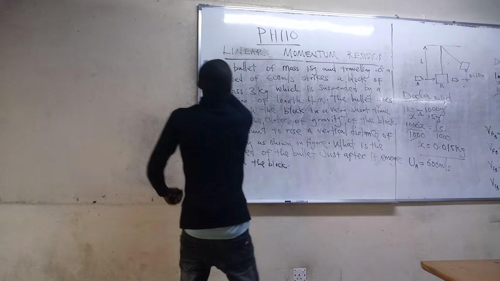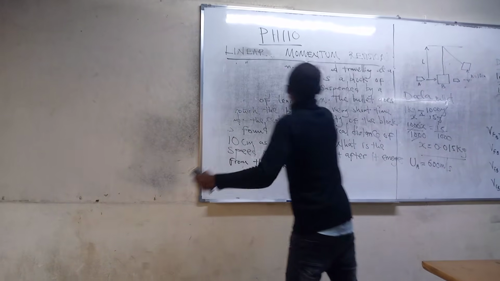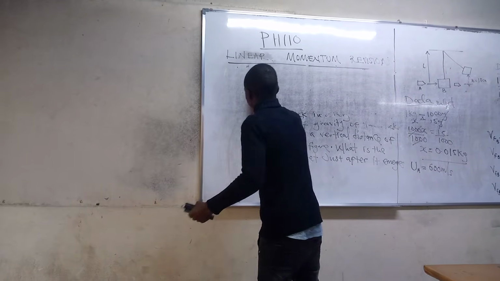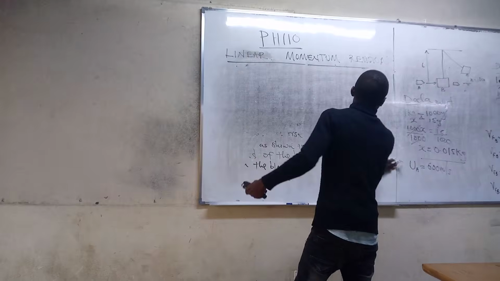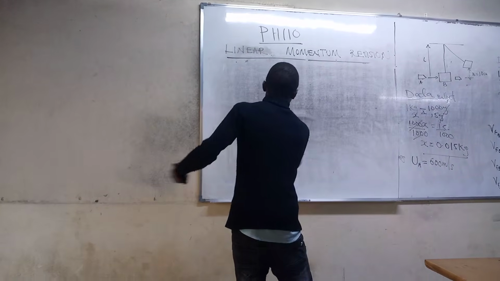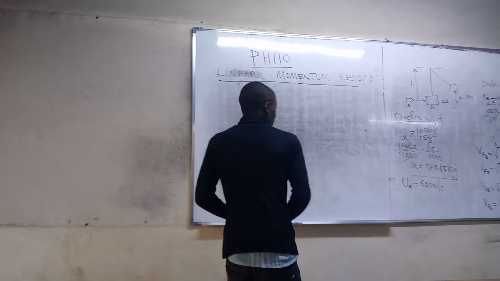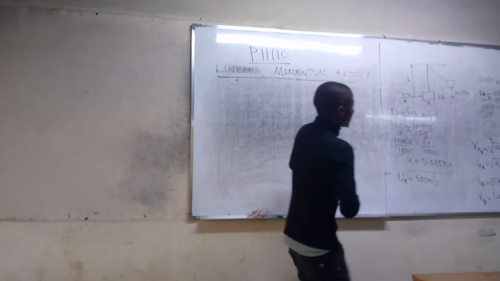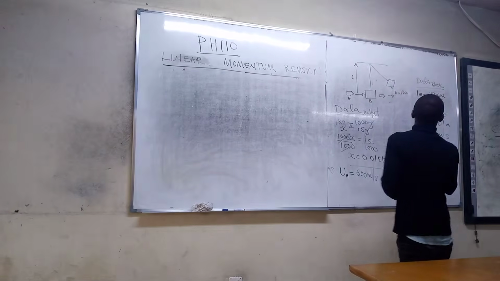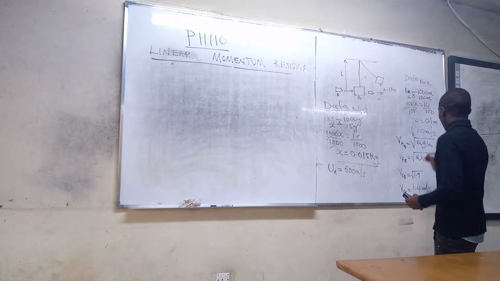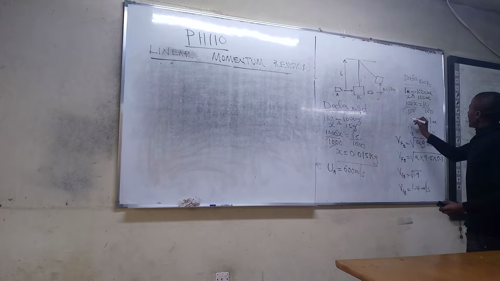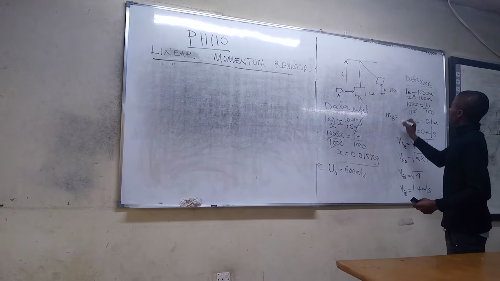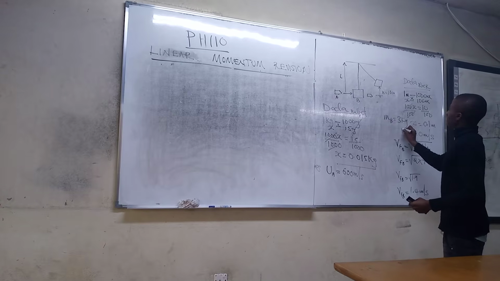So after you have collected your data, another thing is that we have also been given the mass of the block to be 3 kg. So I'll just say mass of the block, which is B, is equal to 3 kg also.